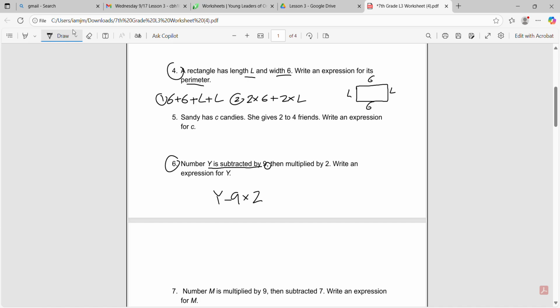This comma actually indicates that it's emphasizing that the number y should be subtracted by 9 first, and then it should be multiplied by 2. So in this expression that I have made as an example of what's wrong, I'll point out the issue.